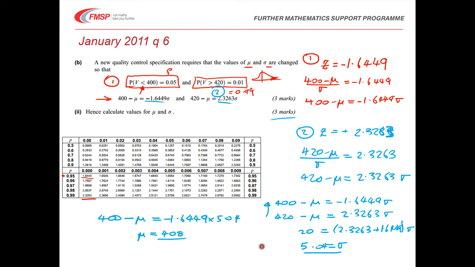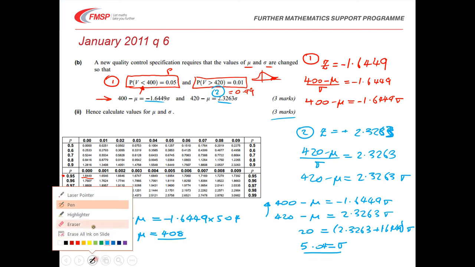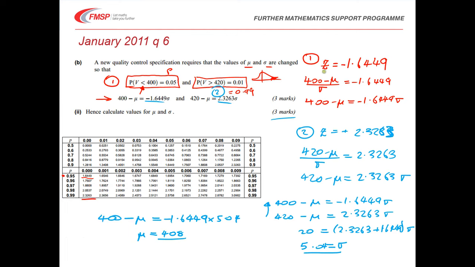So let's look at how all the marks are allocated for this question. So your 3 marks to start off with, it's a show that. So we need to make sure we're doing everything. So by showing that these, the negative 1.6449 and the positive 2.3263, that's going to trigger a B mark. Now you only need one of those for that to trigger, but it's required.